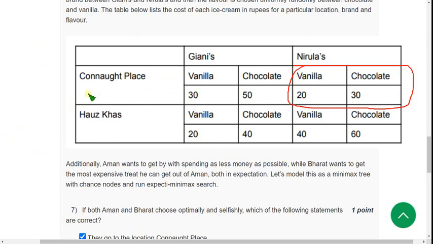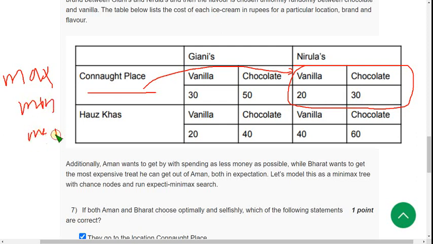In Nirula and Connaught Place. So here it should be maximum now, because Bharat first chooses maximum and Aman chooses minimum, and next it should be again maximum. So between 20 and 30, which is maximum? 30. So I think the final answer is, the new expenditure is also 30.